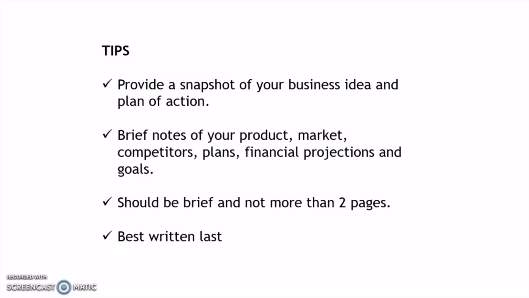You should also talk about your plans, what you plan to do in the first quarter, in the second quarter, in the third quarter of at least one year, depending on how long your business plan is covering. Some business plans cover one year, some cover five years.